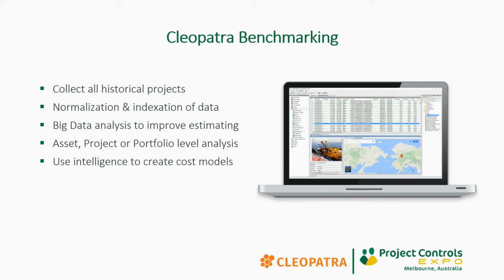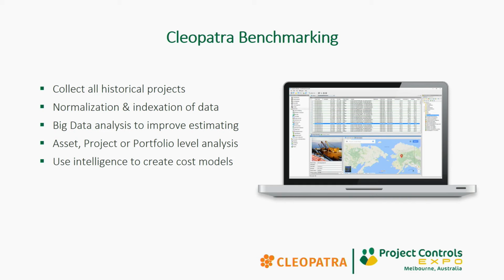So what we do is we normalize that information and we index it using indexation tables, for instance, getting it from 2014 standards up to 2019, but also to get it from maybe a different region's standards up to Australian region standards. And after you do that normalization and indexation, you're able to do some big data analysis on that, really to draw the intelligence from it, which can help you improve the estimating.